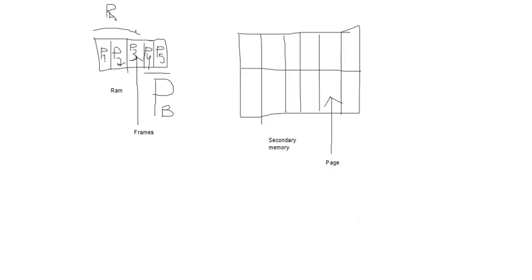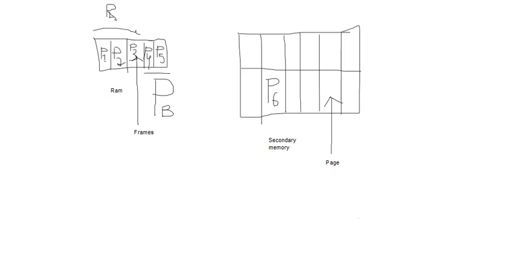Now say this process PA has another page, page 6, which is residing in the secondary memory. Once the contents of these 3 pages are executed, you need to load page 6 into your RAM.